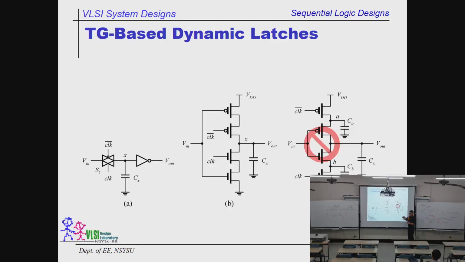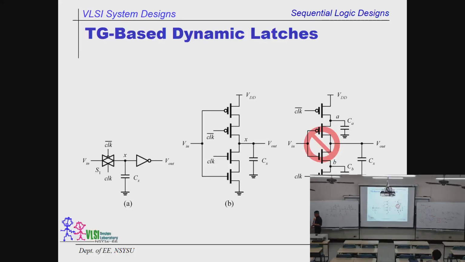If you want to keep the voltage here close to high, you have to make sure that the size of CX is 10 times larger than this one. Remember the charge sharing equation we derived last time? At least 10 times, otherwise you cannot take the risk. The charge on the top of CX will be shared by the CB over there. So that is the major reason why we don't like this kind of design. But the middle one is okay. There is no risk to suffer from the charge sharing.